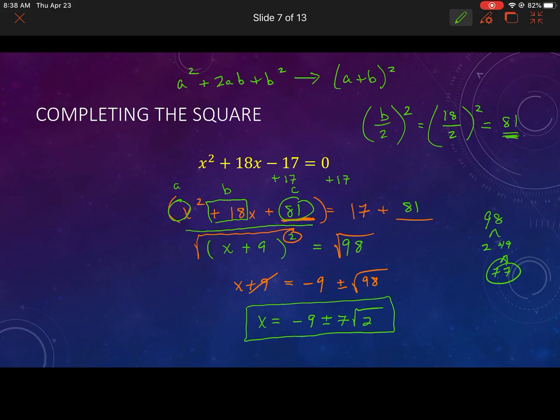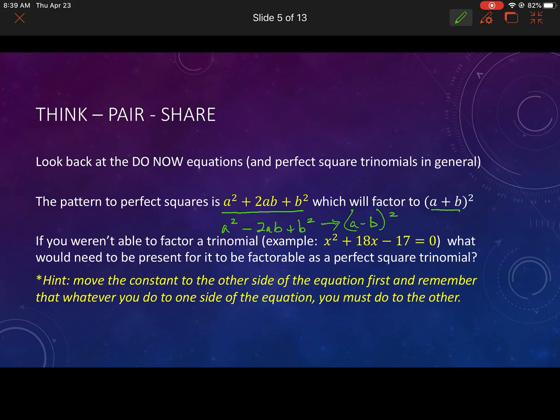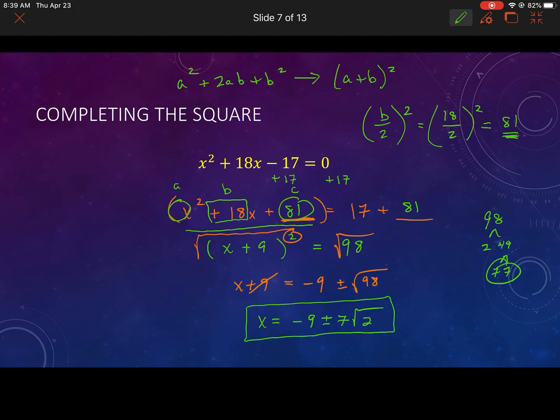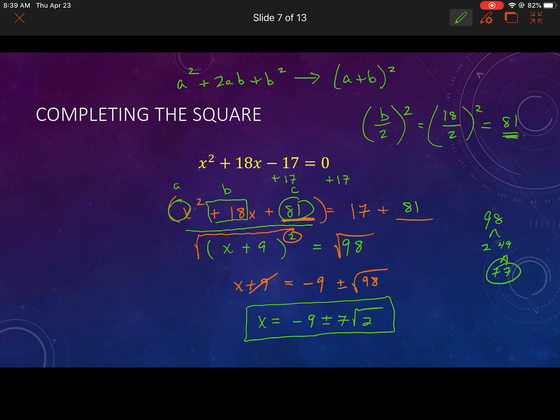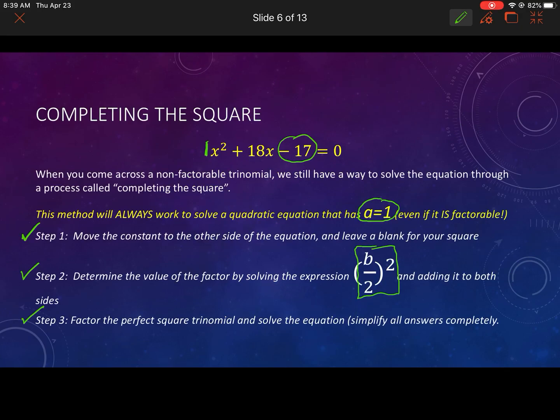I promised we'd go back to this slide, but we've already talked about this. Actually, I'm going to stop here, and I want you to focus today on completing the square. Remember, this is the process we use when that a value is 1.